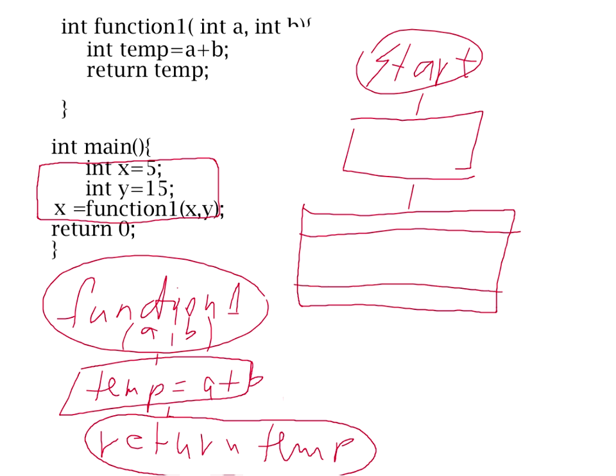The unified modeling language uses this shape, the UML type of box. UML is used for objects, and that's the difference between functions and objects. Objects can stand on their own, and in Java you call it instantiating. You're creating objects based on classes.